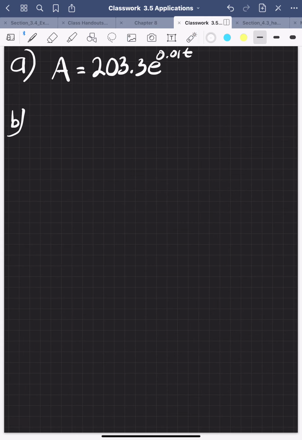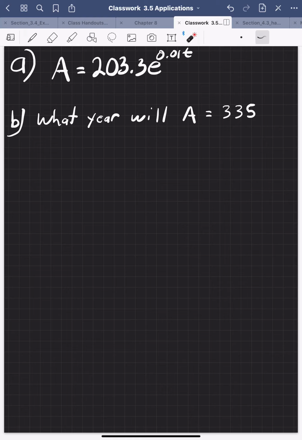So, what year will the population A equal 335 million? Do you understand that all we're going to do now that we have our model is take 335, plug it in here for A, and do exactly what we've been doing all along, now just solve for t. And that'll tell the time, the year, when the population would be expected to be 335 million.